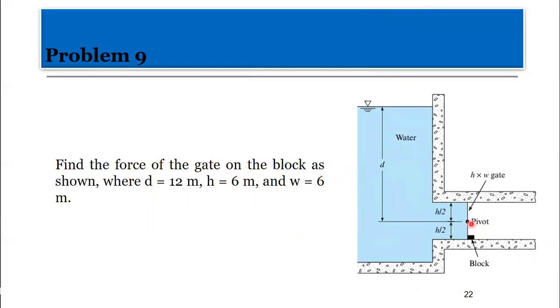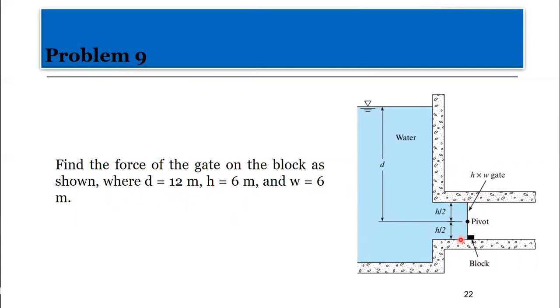Here, the pivot is actually the centroid of the gate, right? Good. Now, look at where the pivot is. So we have D to be that. H is equal to 6 meters, and then W to be that. Here we are saying the gate is of this dimension.